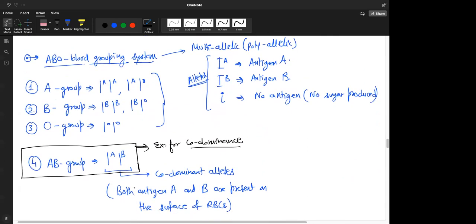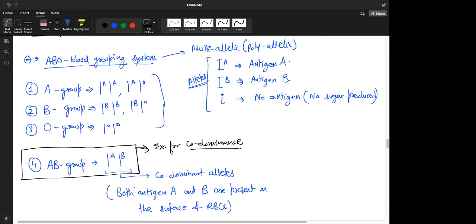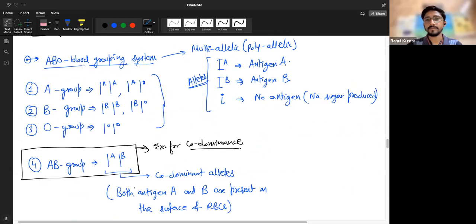The example was our blood group, that is the ABO blood grouping system. That is a multi-allelic or polyallelic trait. ABO is a multi-allelic gene: for one gene, there are 3 alleles.